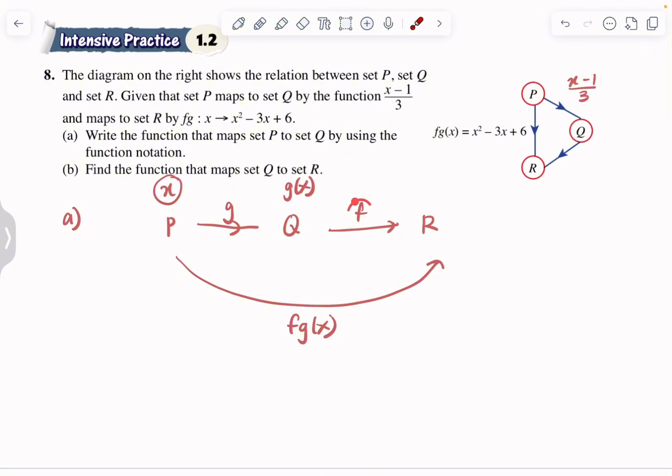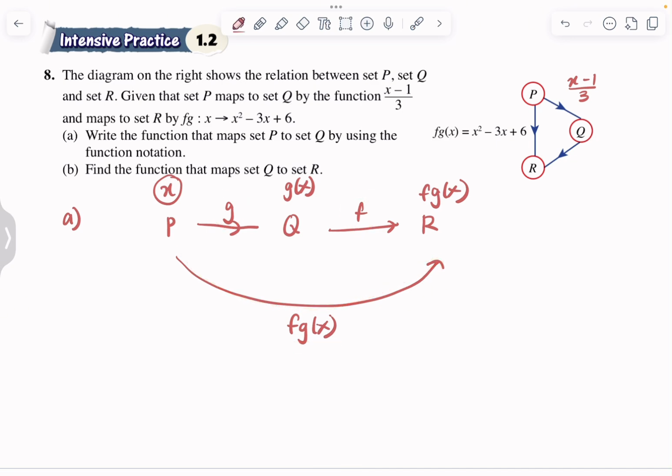And if this is the function f, R will be f of g(x), so it becomes fg(x). From here to here, if this is your function fg(x), f will be the second function and g will be the first function. It will always be like this.